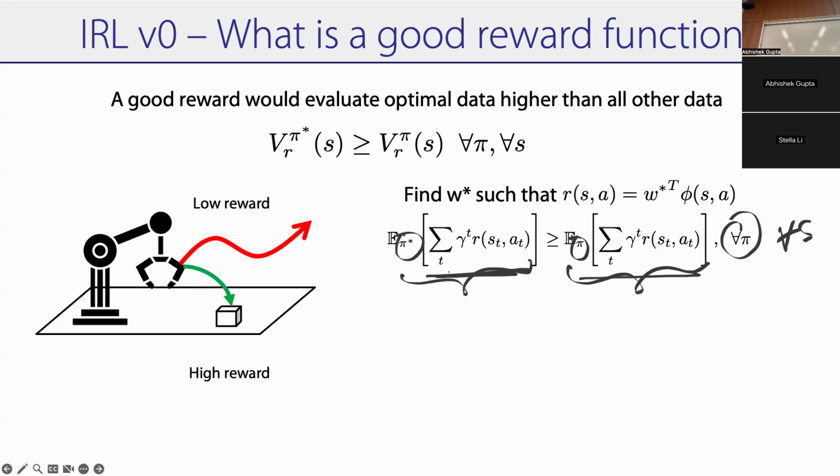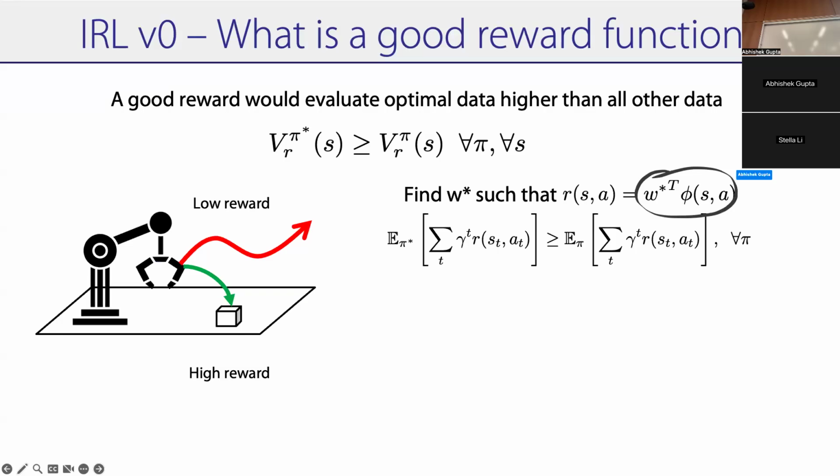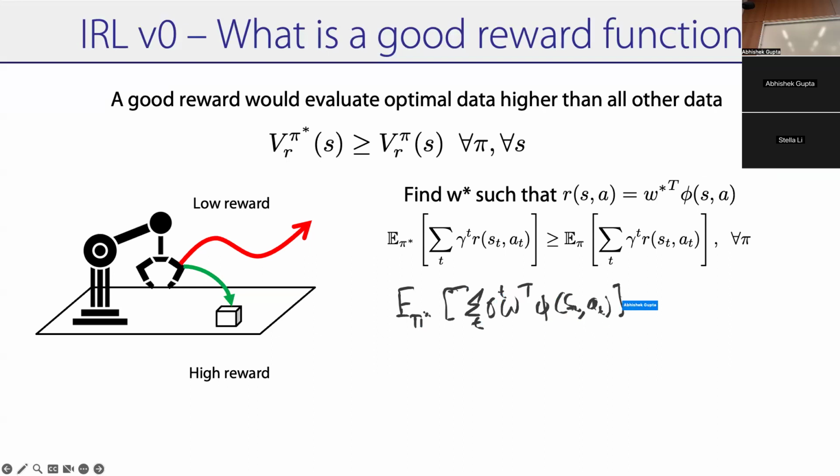And the nice part about this is that because our reward function is linear, we can write this as the expectation under pi star of the sum over t of gamma^t w transpose phi(s_t, a_t), and similarly on the other side, the expectation under pi of the sum over t of gamma^t w transpose phi. So we're just substituting in a linear reward function. Now, what do I know about linear functions and expectations? Can I simplify this?